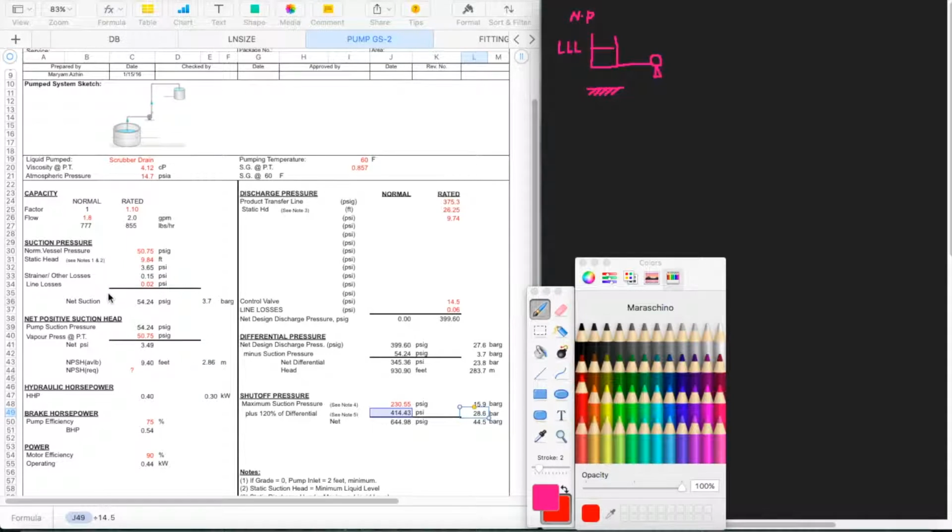So in order to calculate the suction pressure, we have to add the normal pressure of the tank plus static head, minus losses.